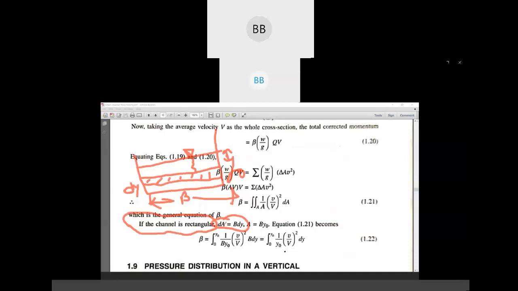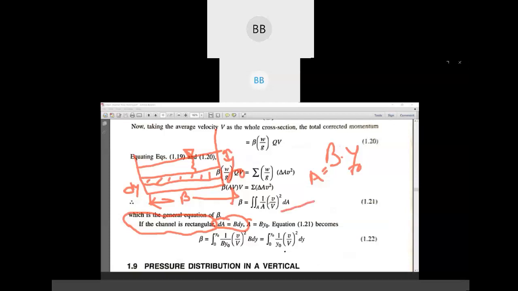So we've calculated dA. Then the total area for the whole cross section of the rectangular channel is B multiplied by y naught, as we have considered y naught as the total depth of flow. Now you substitute in this equation.